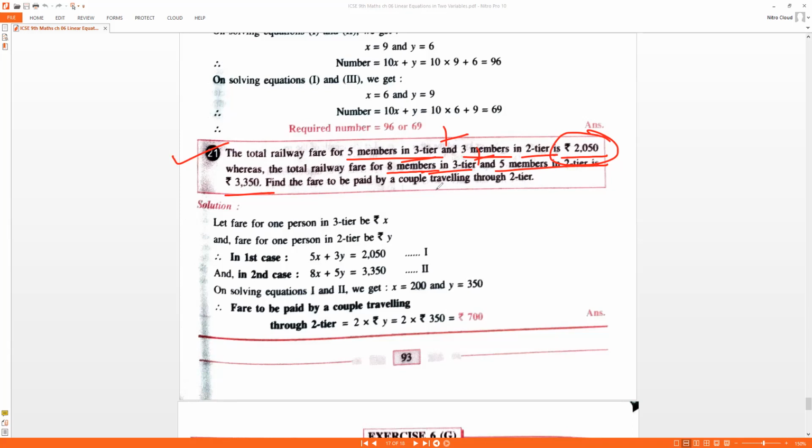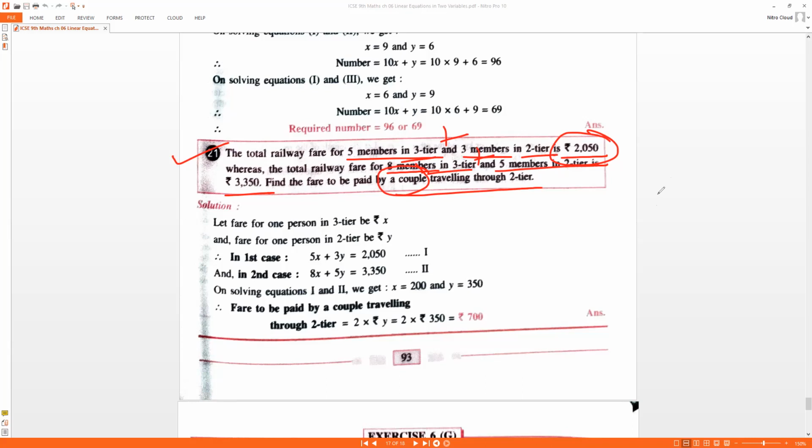Find the fare to be paid by a couple traveling through 2 tier. This is interesting. By a couple they have asked. Couple means what? 2 people.